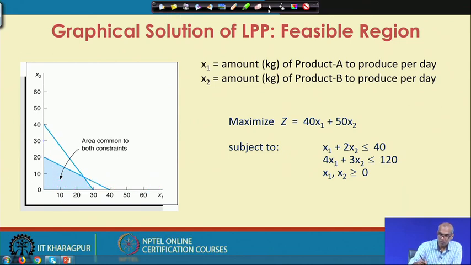Now, if you look at the area common to all the constraints, which is shown here by this shaded region, this region is the feasible region for the problem.